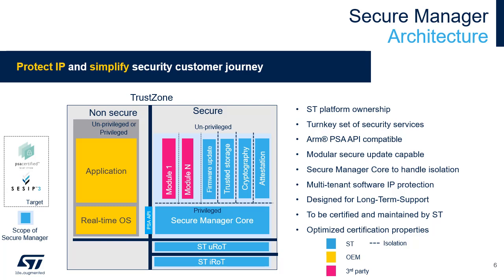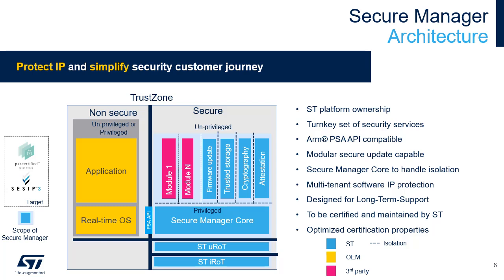Secure Manager is executed in a secure processing environment or SPE. It's responsible for secure boot and secure firmware update, and it provides secure services to non-secure applications at runtime. Secure Manager is composed of a two-stage root of trust, an immutable root of trust or STI-ROT, and an updatable root of trust or STU-ROT.